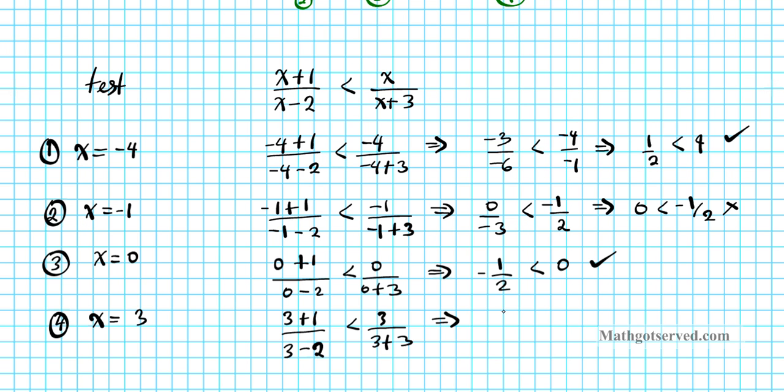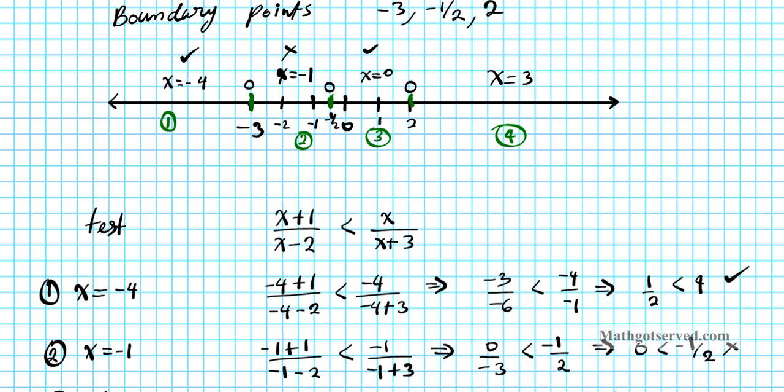Simplify that further, is 4 over 1 less than 3 over 6? Simplify further, is 4 less than 1 half? Absolutely not, this is false. So interval 4 is bad. So just to help you see which solutions are good, just interval 3 and interval 1.